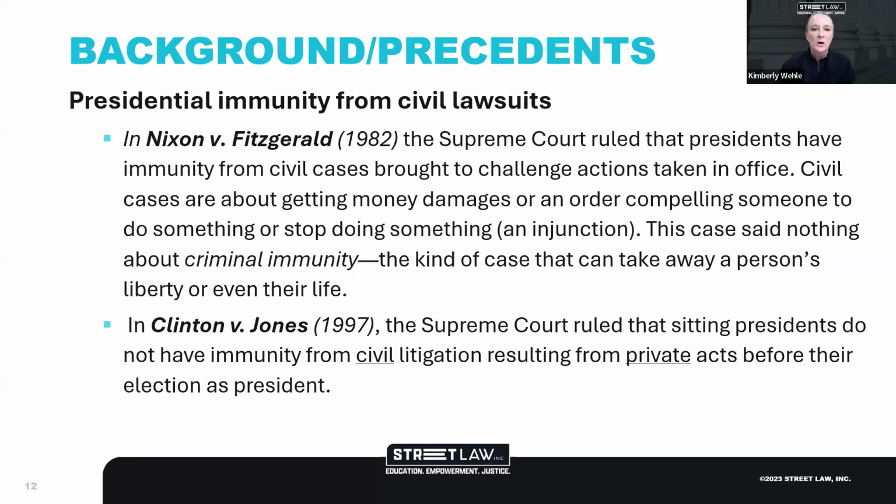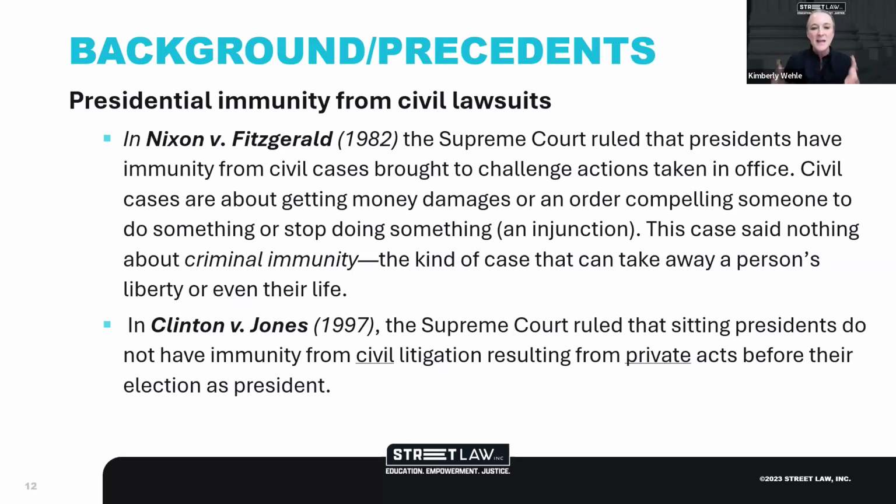It would be dysfunctional, and it would be endless. So the case created what's called civil immunity for presidents, so that when they do presidential things, they're not going to get a bunch of people suing them civilly as if they were a private employer or a private corporation.